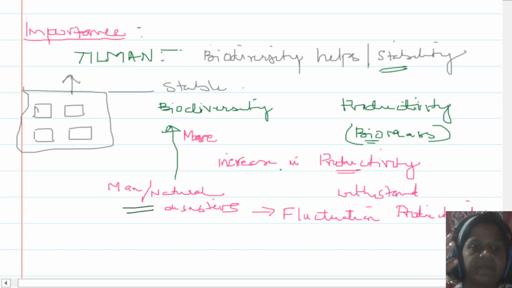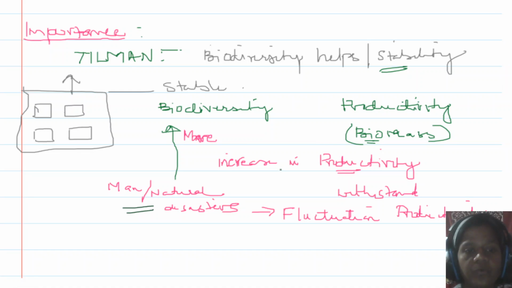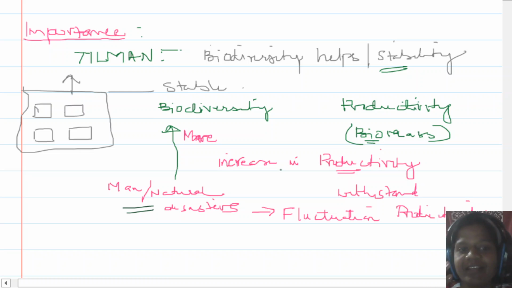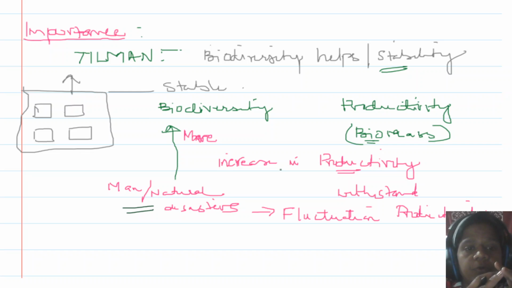This only happens when you have a rich, varied, diverse set of biological organisms, whether it be plants, animals, whatever it is. Okay, so this is the importance of it. Why are we so concerned about this biodiversity?